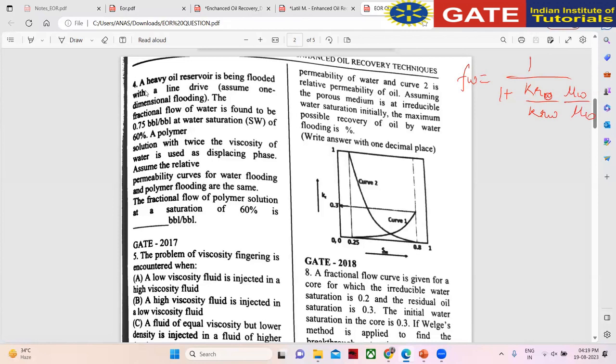Okay. So in question number 4, what is given? A heavy oil reservoir is being flooded with a line drive, and the fractional flow of water is found to be, so FW is given. What is the value of FW? 0.75 barrel by barrel, at a water saturation of 60%.